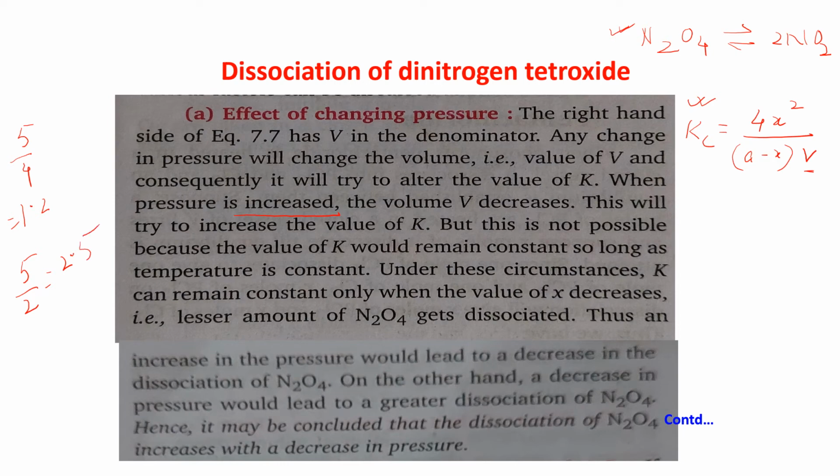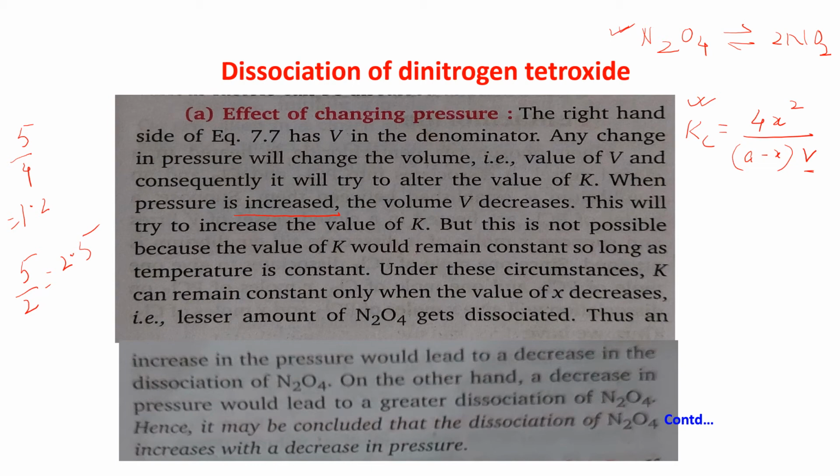So what I am saying is, if I am decreasing the value of V, which is in the denominator, by increasing the pressure, then the value of Kc will increase in that case. But this is not possible, because the value of K is constant. It's a constant term, the equilibrium constant. Kc is nothing but the equilibrium constant.